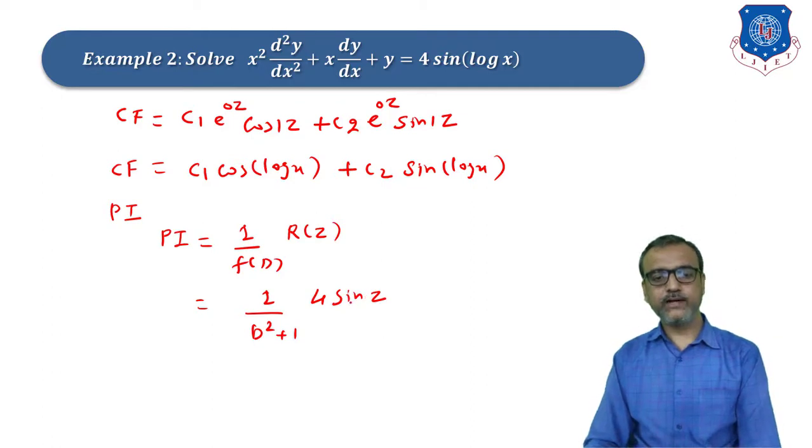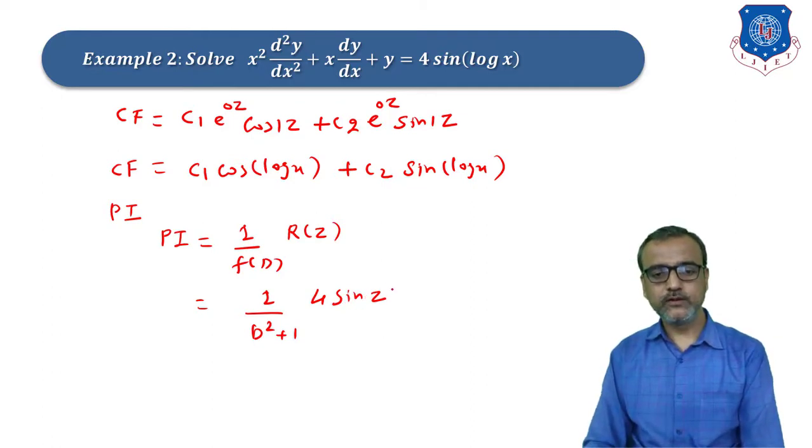Now we will apply case number 2. Whenever we have been given sin(ax + b), we will replace D² by -a². Here the function is in terms of z, so we have been given sin(1z), so definitely the value of a is 1, so we will replace D² by -1.